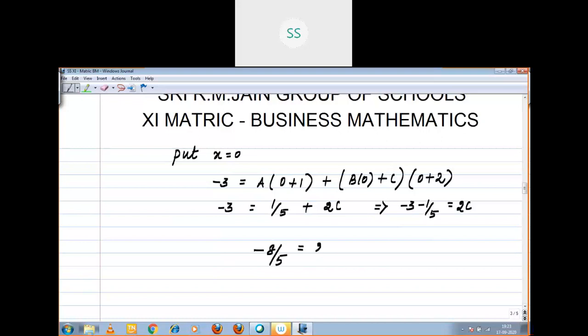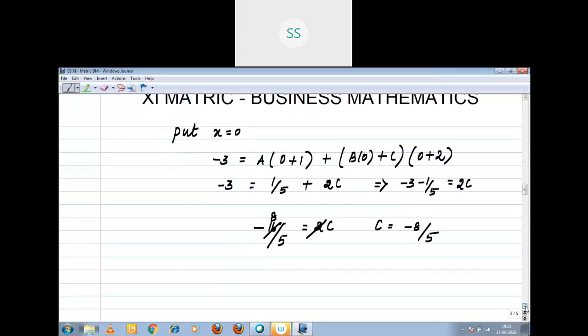Sorry, minus 15 minus 1, minus 16 by 5 equal to 2c. 2 ones are 2, 2 eights are 16. So c is equal to minus 8 by 5.